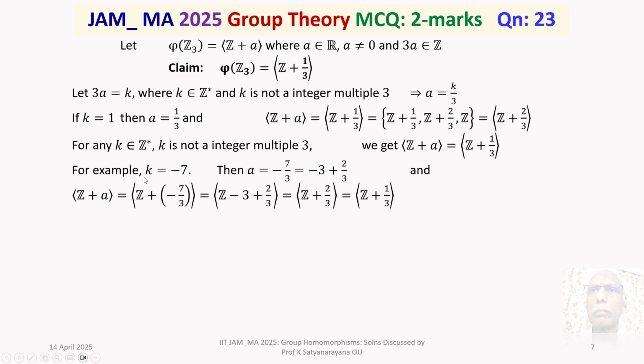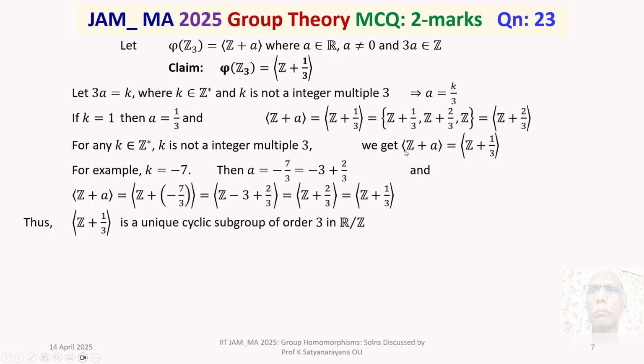Correct. So that means when K is not an integer multiple of 3, it works. Thus Z plus 1 by 3 is the unique cyclic subgroup of order 3 in R by Z. Why?